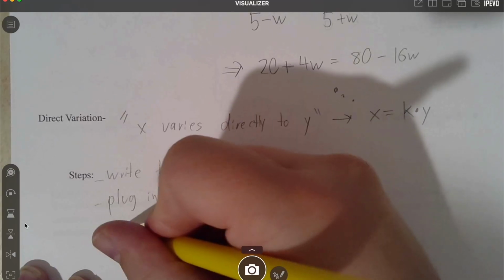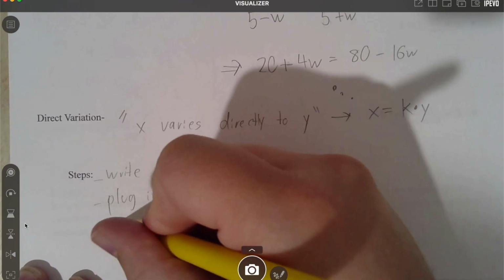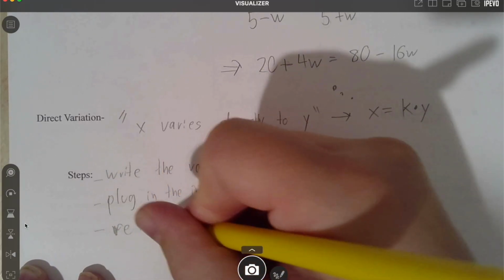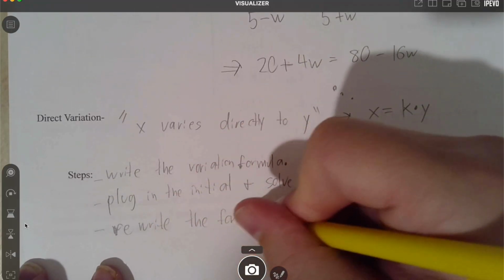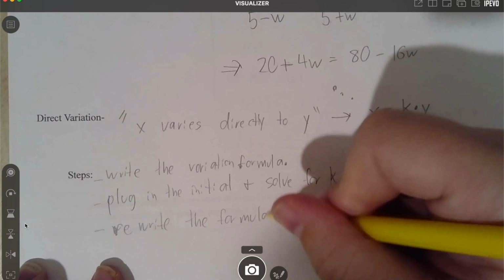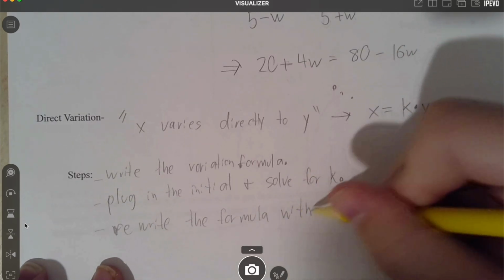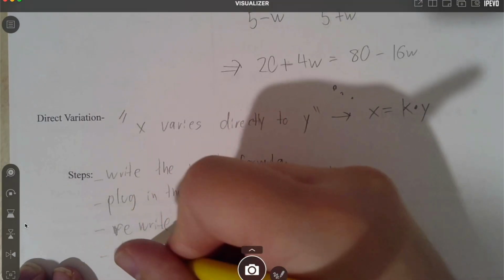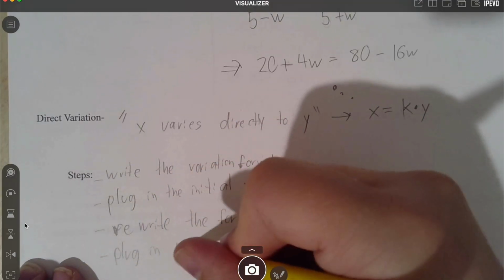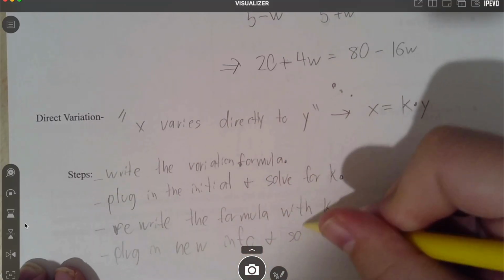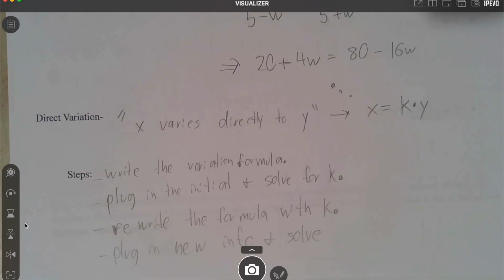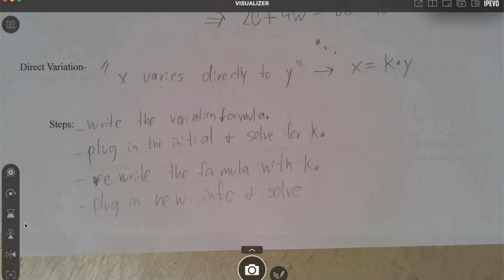And now we're going to say rewrite the formula with k. And finally, plug in new info and solve.